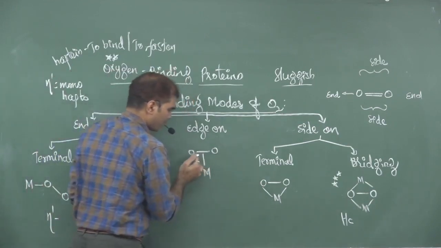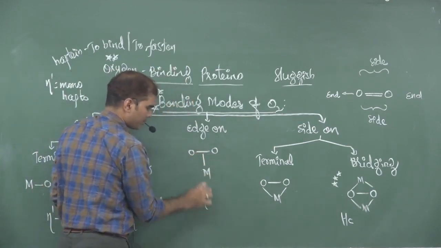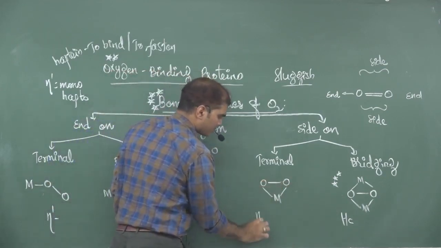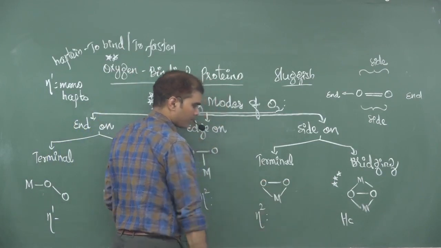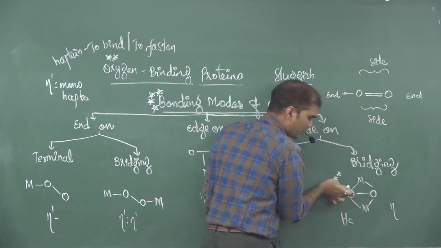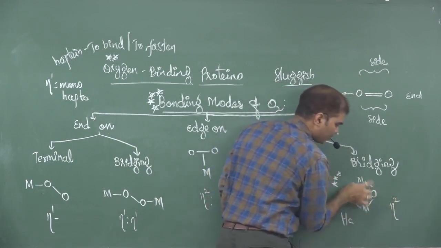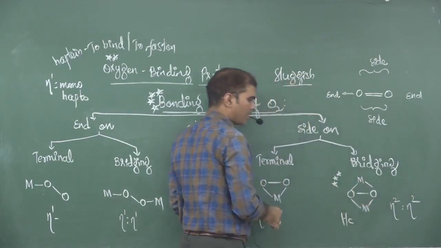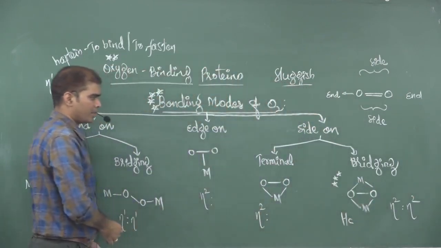Suppose I come here, this is like eta 2. Both oxygens are bound with one metal. This is also eta 2. This one, these two oxygens are eta 2 to one metal, and again these two oxygens are also given to another metal. You call it eta 2, eta 2.